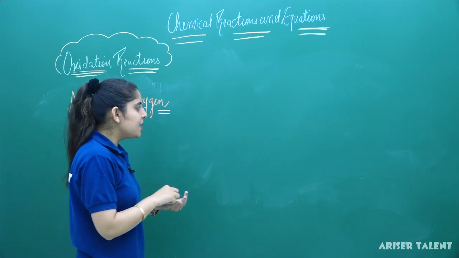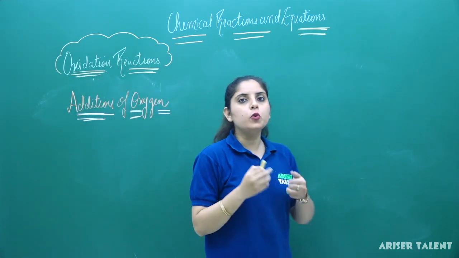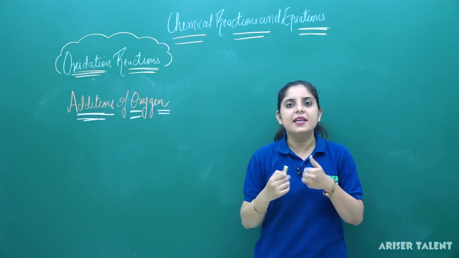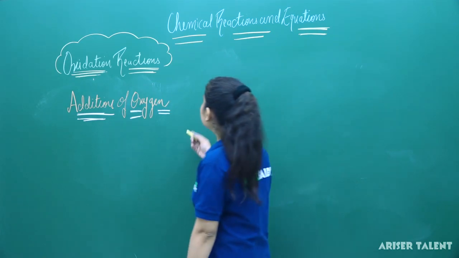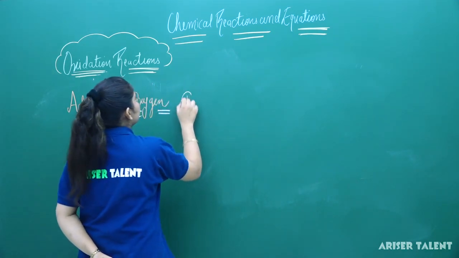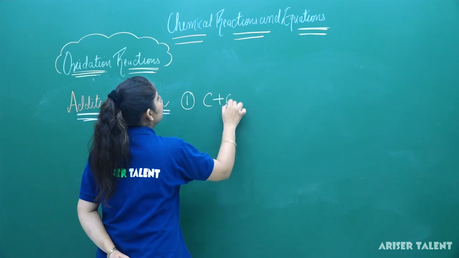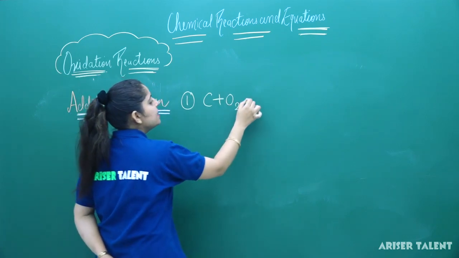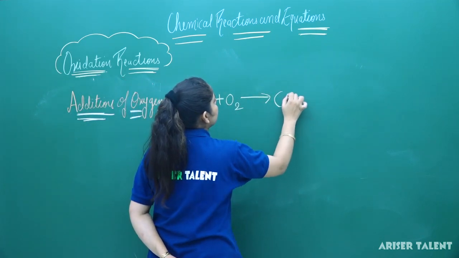Addition of oxygen simply means that O2 is added to any element, any substance you have. So, the examples we are considering here are like C plus O2. Carbon is added to oxygen to give you CO2.